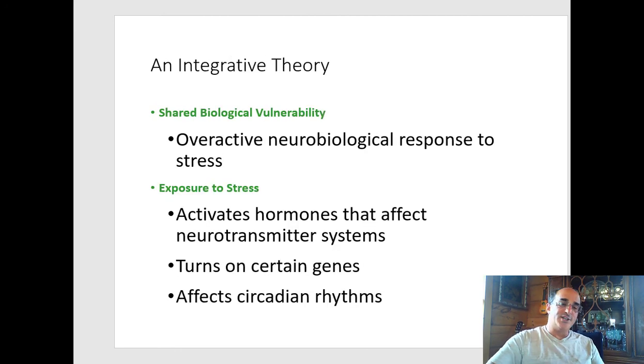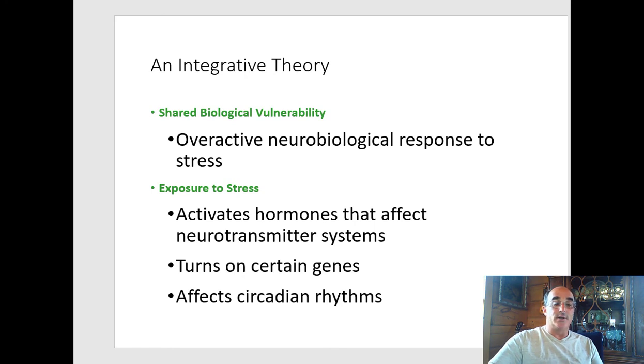In terms of the integrated theory, we know that mental health issues are not just psycho or social, but we do have biological vulnerability. And the folks who are depressed tend to have overactive neurobiological responses to stress. Again, we talked about exposure to stress activating hormones that affect neurotransmitter systems and turn on certain genes and affect certain circadian rhythms.